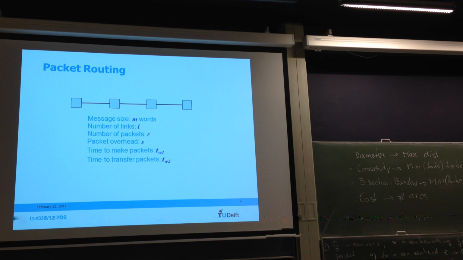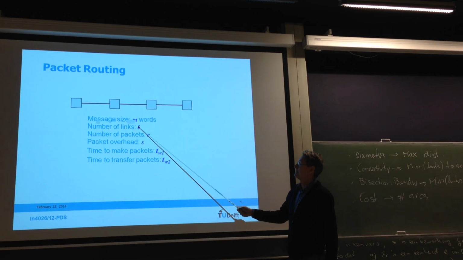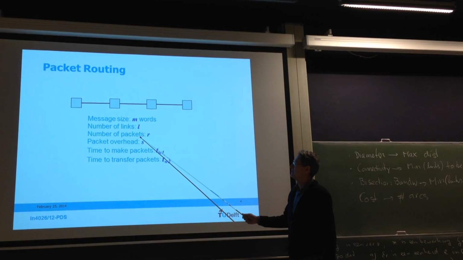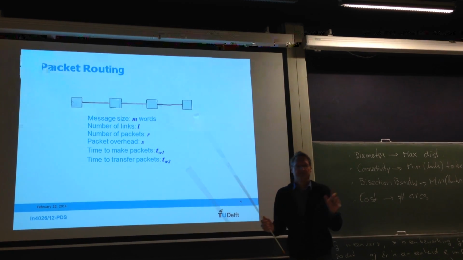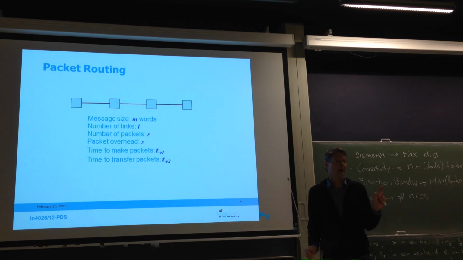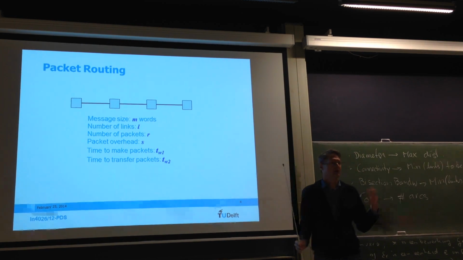Now, a different method would be to not transfer the whole message, but do a kind of packet routing, where the message is again n words. The number of links is L, but we split the message in R packets. And for every assembly of a packet, there is some overhead associated, let's call that S, say 110%, or something like that.